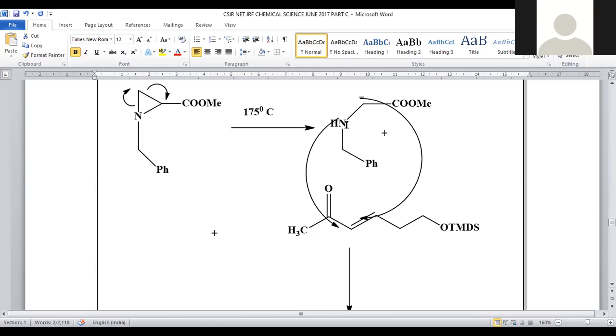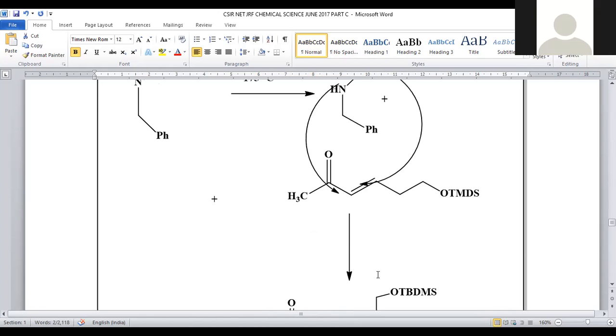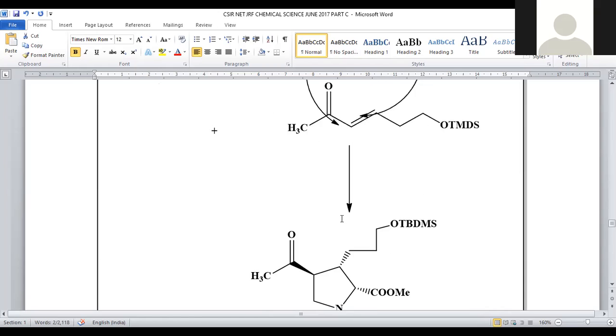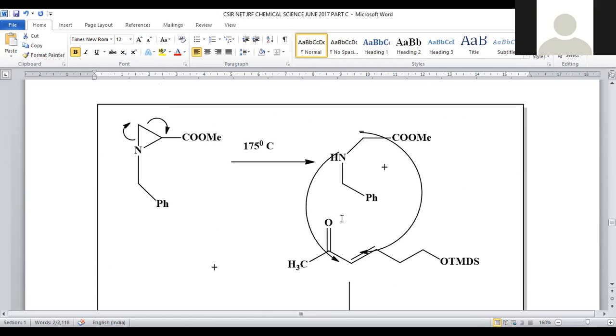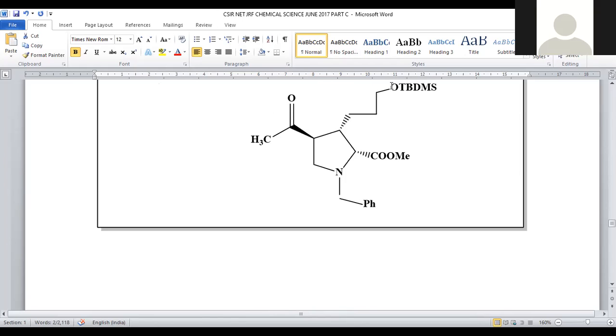Loss of electrons will be there by this nitrogen atom, so that these two get attached with this double bond. These two centers will be attached with this double bond, right? So whenever this reaction is carried out, there is a formation of a 5-membered ring structure.